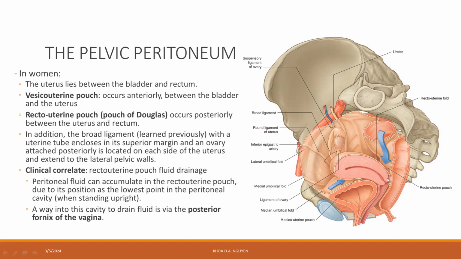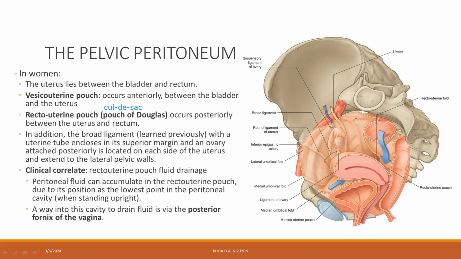And this pouch is also called the pouch of Douglas or the female cul-de-sac. Okay, let me just type that out here. Cul-de-sac. Okay, so the female cul-de-sac is also called the pouch of Douglas or the rectouterine pouch. And it is very important because in the clinical setting, fluid usually accumulates there if it is in the peritoneal cavity as well.